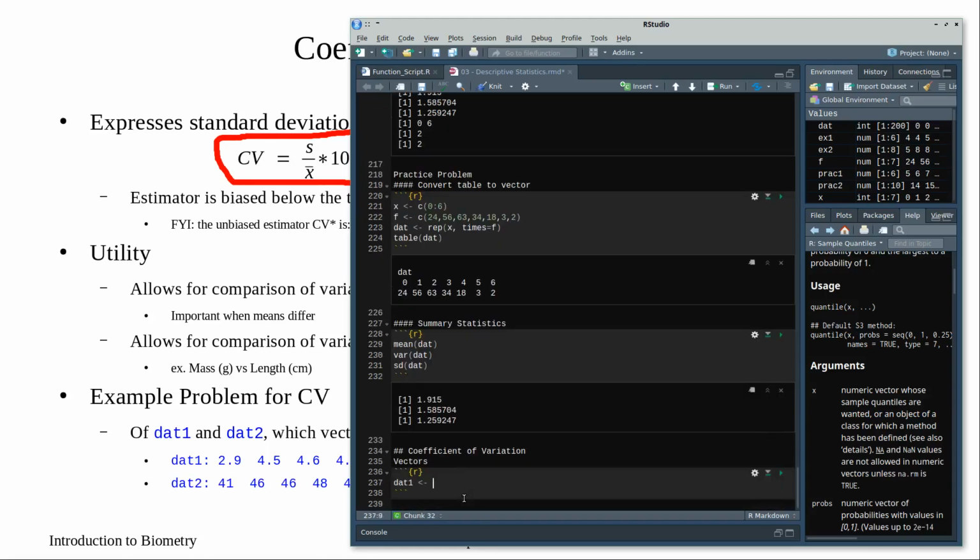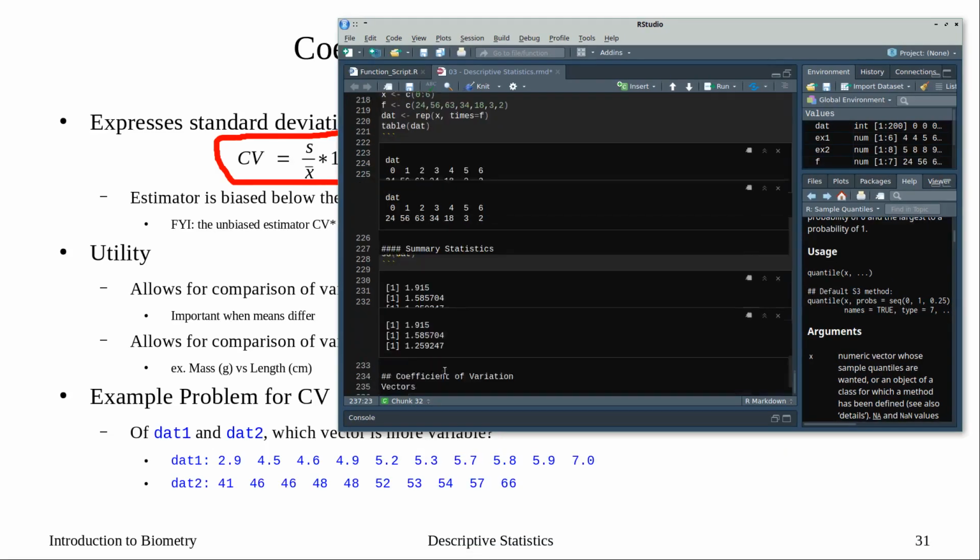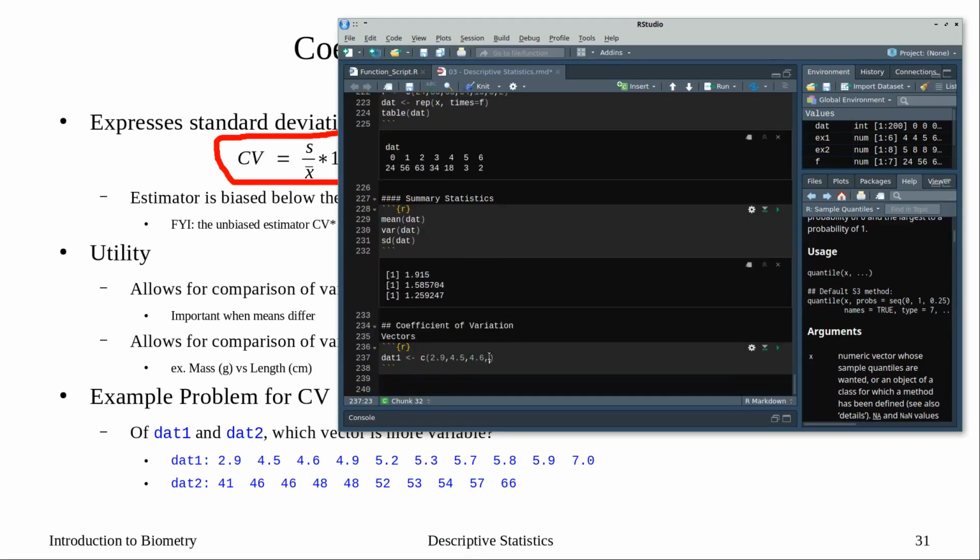So dat1: 2.9, 4.5, 4.6, 4.9, 5.2, 5.3, 5.7, 5.8, 5.9, and 7. There's data 1. Data 2: 41, 46, 46, 48, 48, 52, 53, 54, 57, and 66.